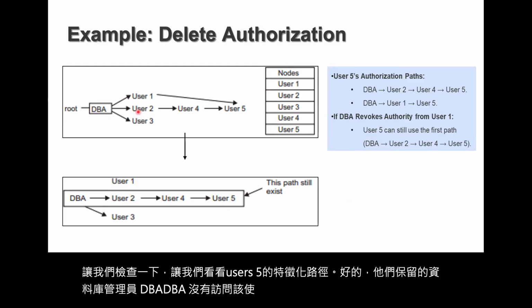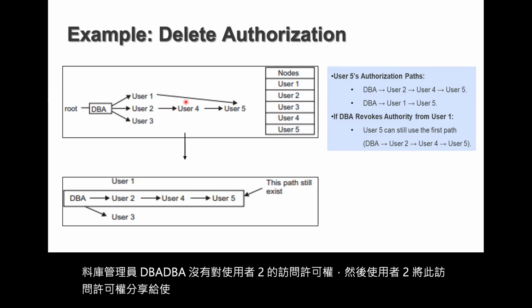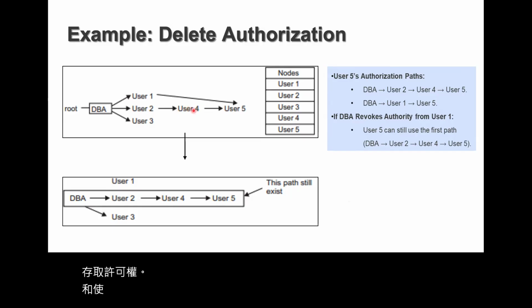And then user two shares this access with user four, and user four shares it with user five. Okay, and this creates a chain of permission from the DBA to user five.